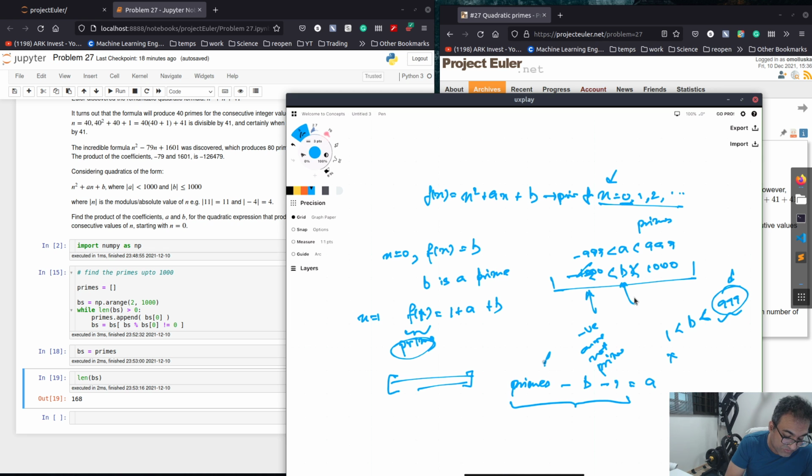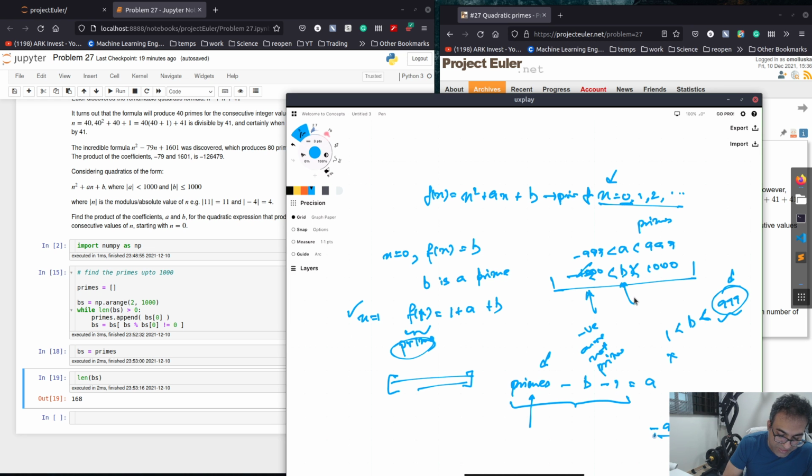Okay, a will be one of these numbers, right? Because for n equals 1, this has to be a prime. The only thing is, it doesn't have to be limited to the primes that we have calculated. It can be a prime that is as big as it needs to be. It has to be anything between minus 999 and 999.